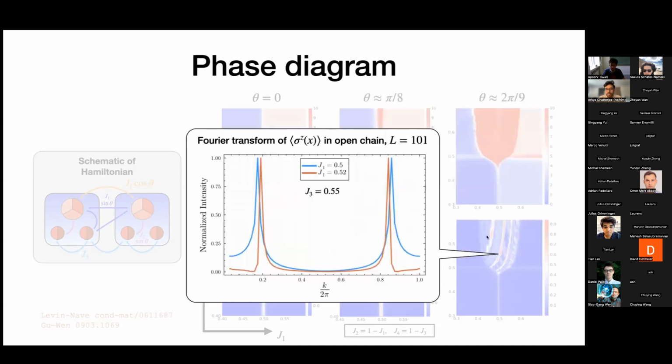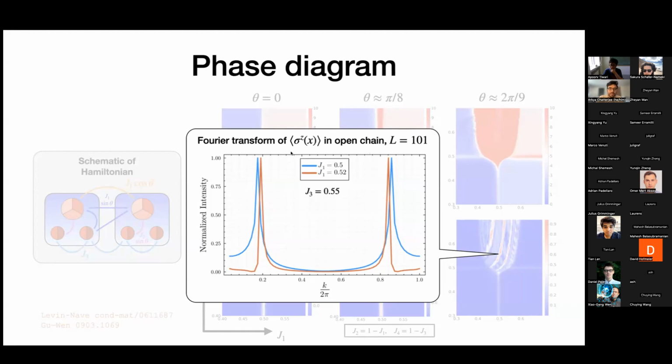Another thing about this gapless region is that you can compute the expectation value of sigma z, which is the Ising order parameter. And when you do this on an open chain, it's expected that you get some oscillations because of the boundary condition. Heuristically, you can think of the boundary condition as a defect of the Ising degrees of freedom. And because the Ising degrees of freedom are ordered above this line, there is some oscillation in that order parameter.